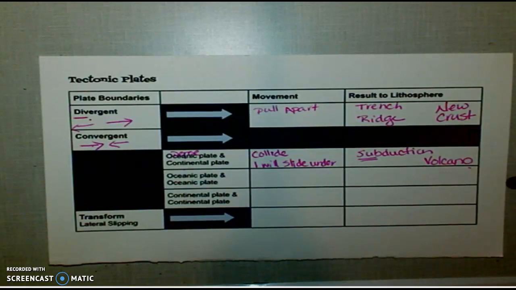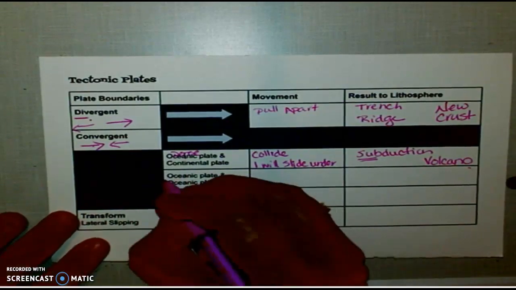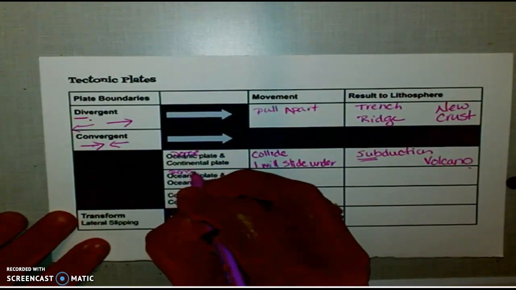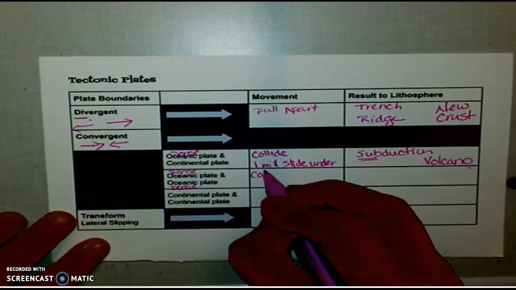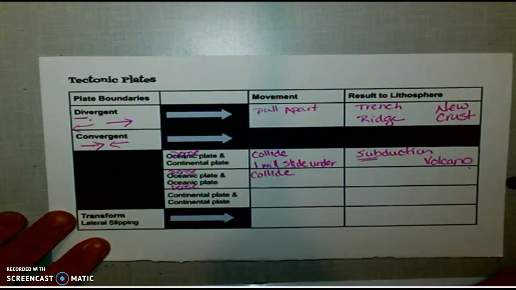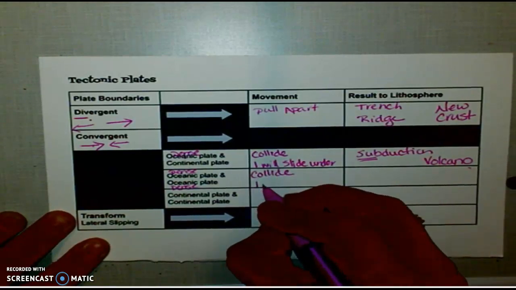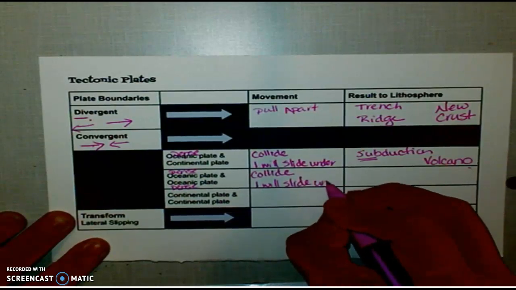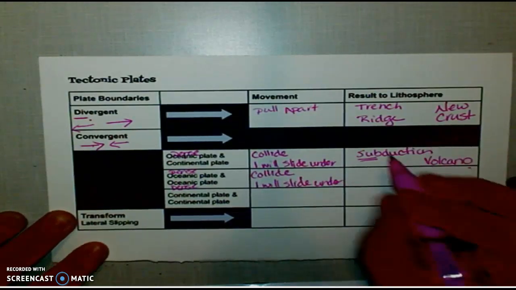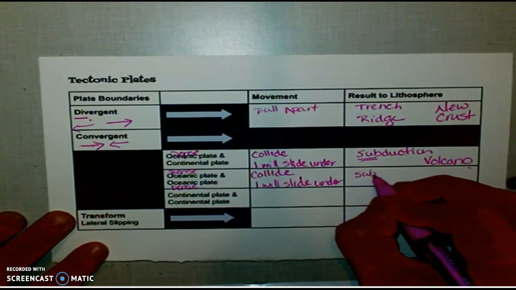then you've got an oceanic plate and an oceanic plate. Well, if you've got a dense plate coming to a dense plate, they're going to collide. One is going to slide under, and it's going to be the one that is more dense. One will slide under, and of course, you'll end up getting a subduction.